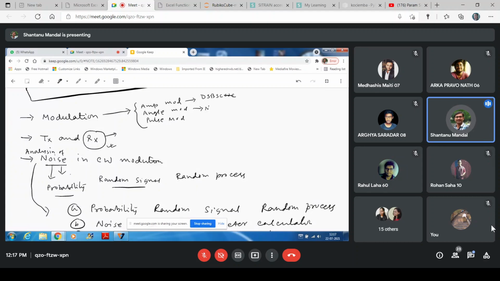Angle modulation covers narrowband FM and wideband FM. Pulse modulation covers PAM, PPM, and PWM. So this is the total syllabus detail.